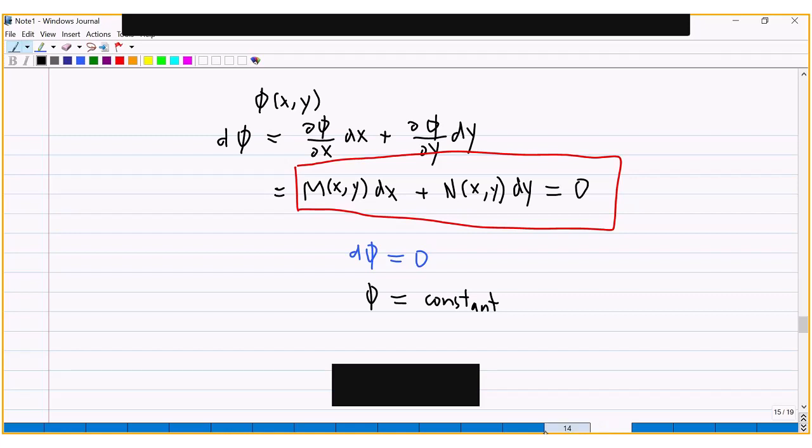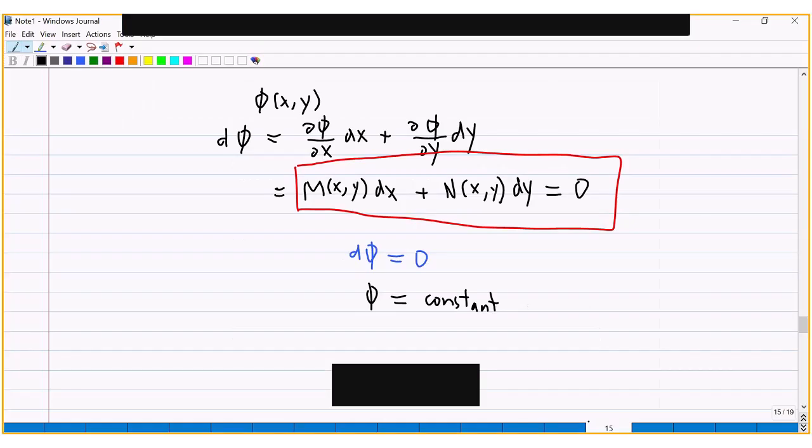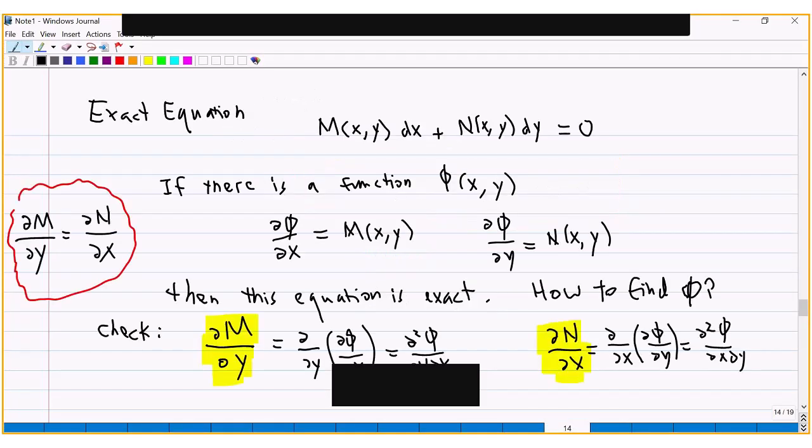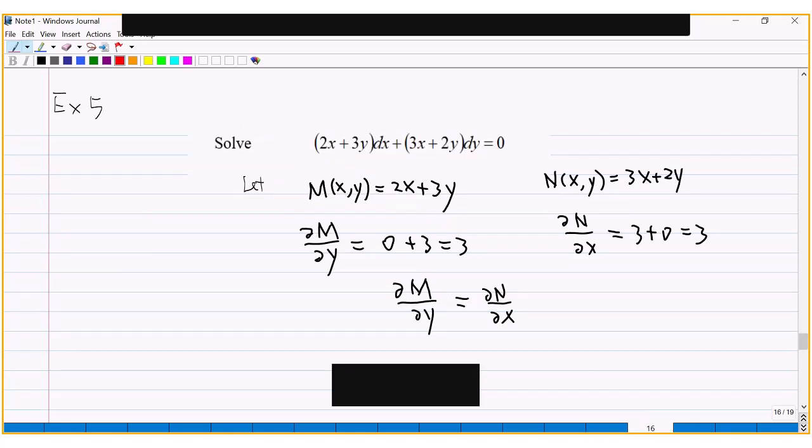Look at the first page here. Partial differentiation of M with respect to y is the same as partial differentiation of N with respect to x. So because of this, we check.